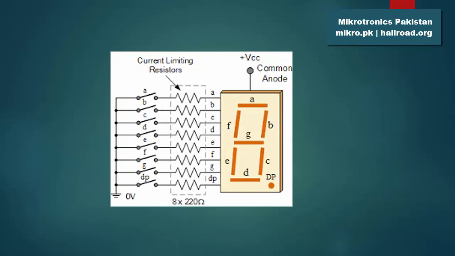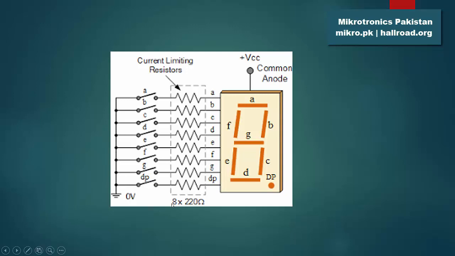As we have talked earlier, these LEDs, when they turn on, have a very low resistance, and they can take a lot of current from your microcontroller that can damage the microcontroller pin. So in order to limit the current through these LEDs, you have to put a series resistor so that the current through the LED does not exceed the current that can pass through it.